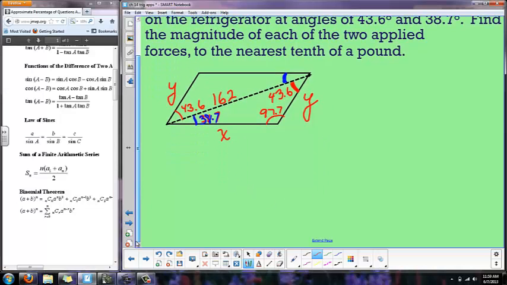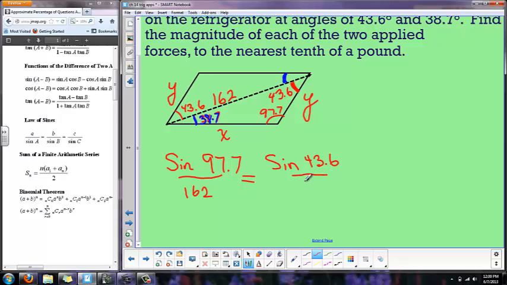So I'm going to do sine of 97.7 degrees divided by the side across from it, which is 162, is equal to, let's solve for x first, the sine of 43.6 divided by x. Okay, so that's how I'm going to solve for x.